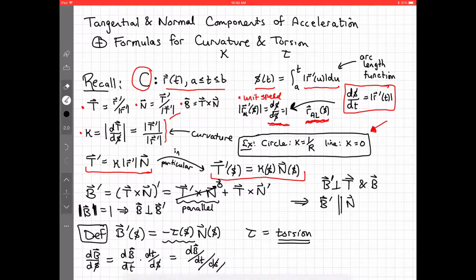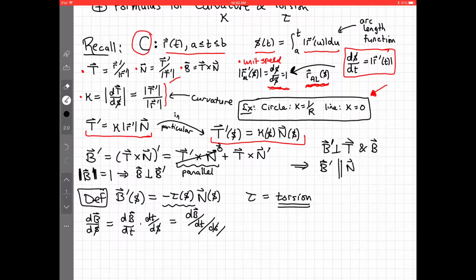Let me scroll up a little bit. But we know that the derivative of s with respect to t, by our formula up here, is the same thing as the length of r prime. So we end up with b prime of t divided by the length of r prime is the same thing as dB/ds.